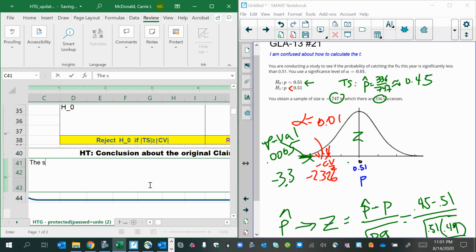So we say the sample data support the claim that, and then you fill in the blank. What was it? The probability of catching the flu this year is significantly less than 0.51.